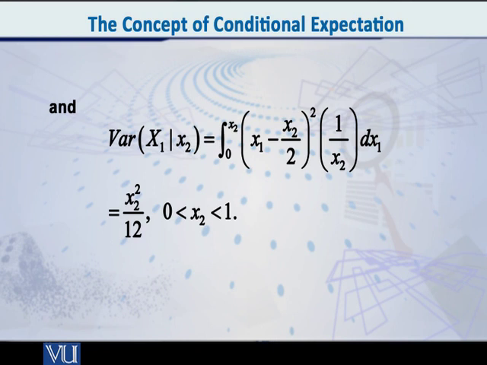We will have the variance of capital X1 given small x2 this as the integral with respect to x1 of (x1 minus x2 over 2) whole square multiplied by 1 over x2, and the integral will be going from 0 to x2. इसको solve करें तो expression बनता है x2 square over 12, और x2 जो है that can assume any value between 0 and 1.